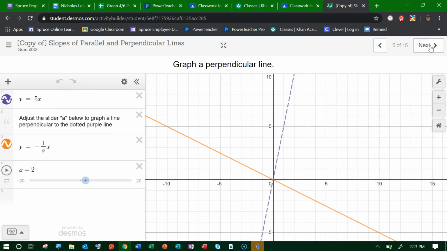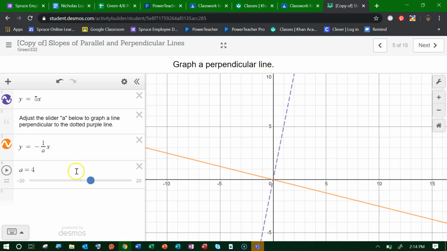All right. Now it asks me to graph a perpendicular line. So I'm going to adjust my slider this time, and I only have one slider, to adjust the line until they look like they're perpendicular. To me, that's pretty doggone close, something like that. All right.